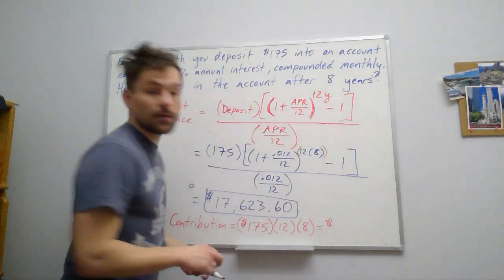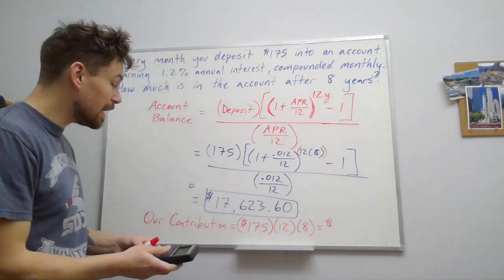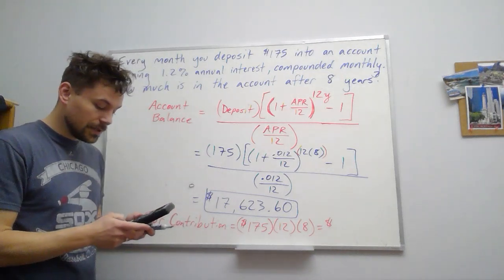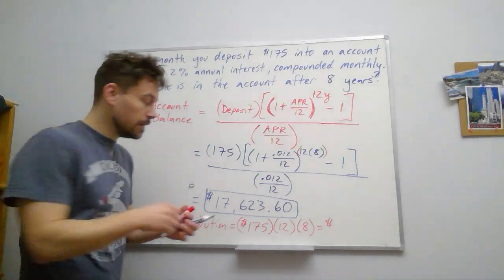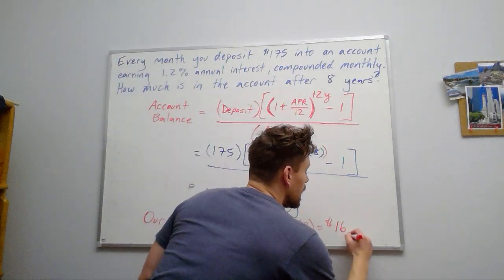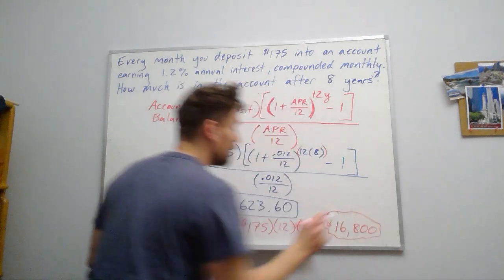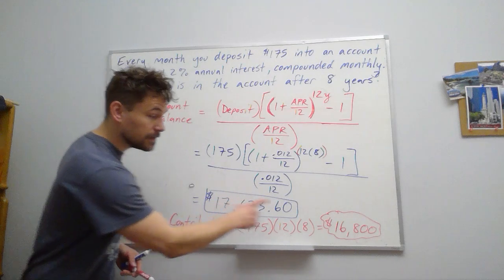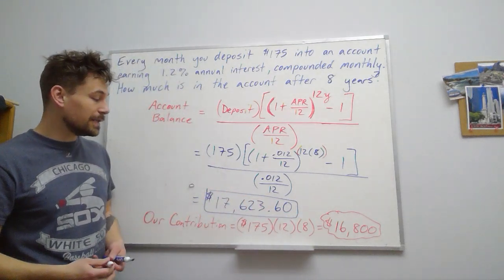So if we just punch that in, we can figure out how much of this money was mine, because some of it is ours and some of it is from interest. If we do that, we get 16,800 that came out of our pocket. So the difference between those two numbers is what you gained in interest over the course of that period of time.